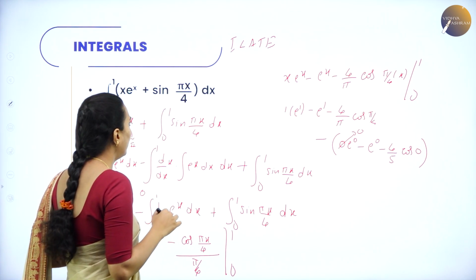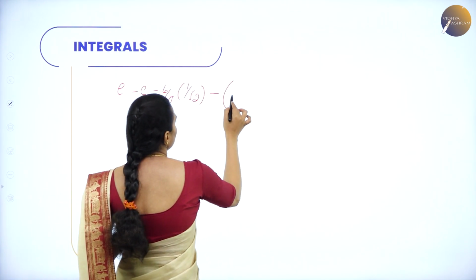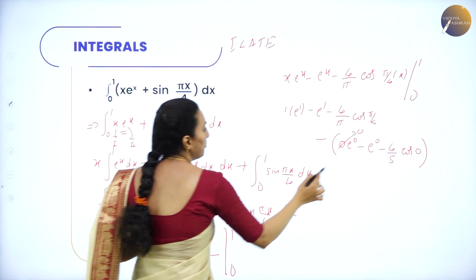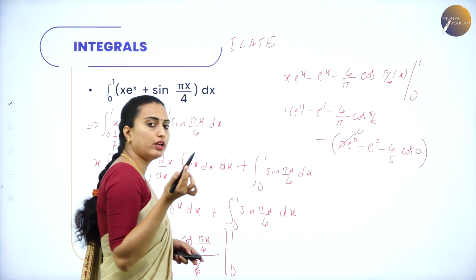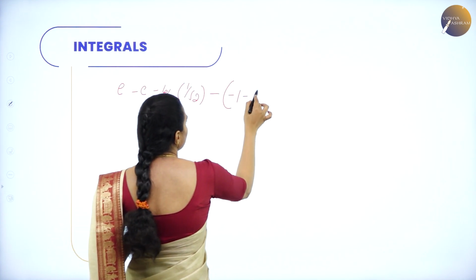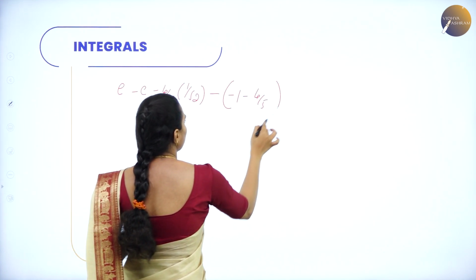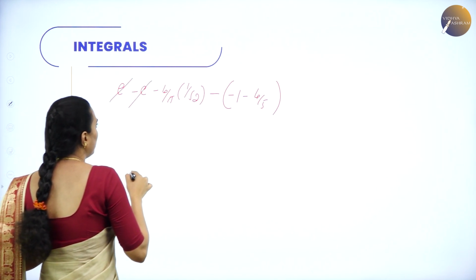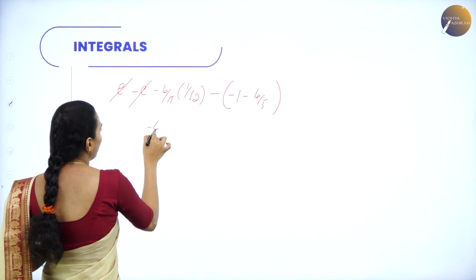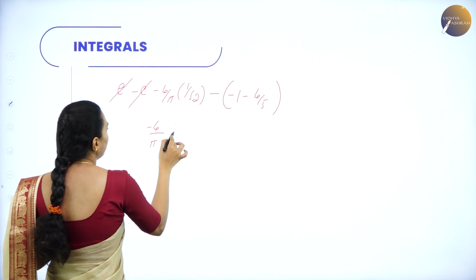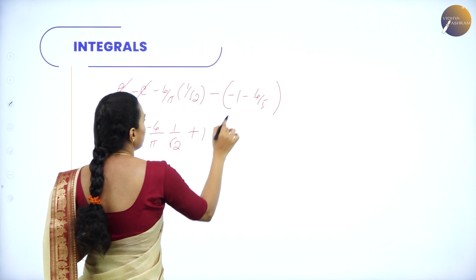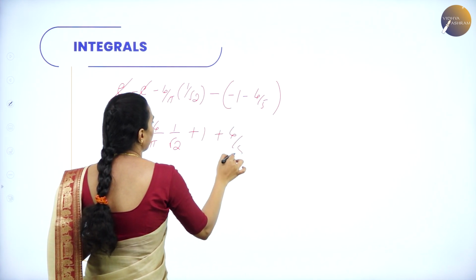So therefore you can have minus, see minus 1 again minus 4 by pi into cos 0, which is 1. Now multiply the minus symbol. E and e will get cancelled. Remaining is minus 4 by pi into 1 by root 2. Minus into minus is plus 1. Minus into minus is plus 4 by pi.